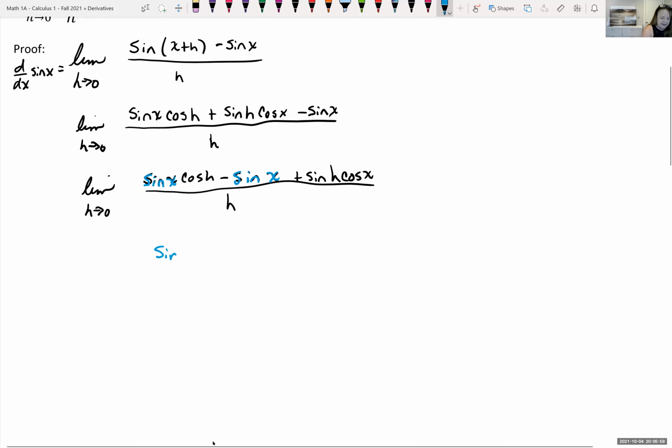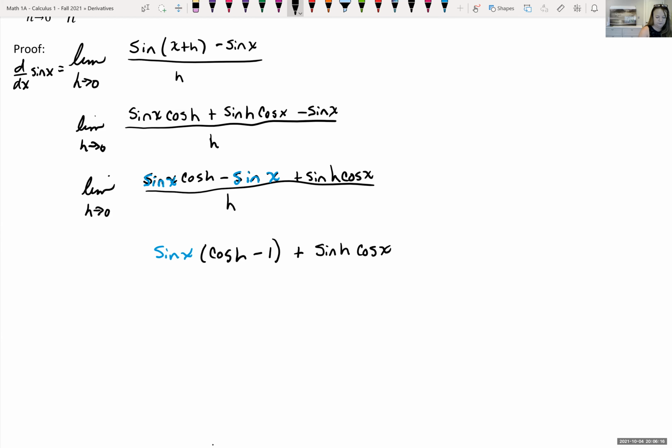We would have sine x all times that quantity cosine of h minus, pulling sine x out of sine x, we're just left with 1, plus sine of h cosine of x all over h. So since I haven't taken the limit yet, we want to make sure that we bring that down also when we rewrite this.